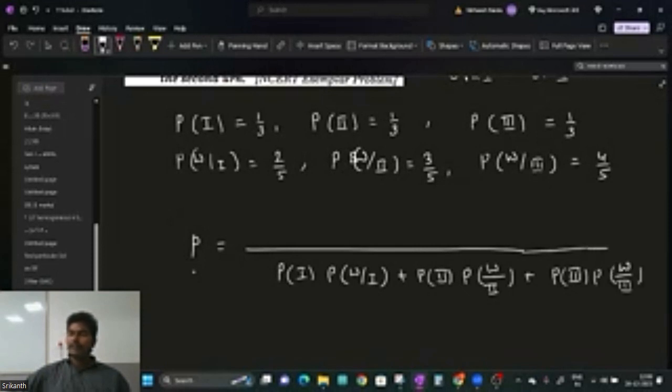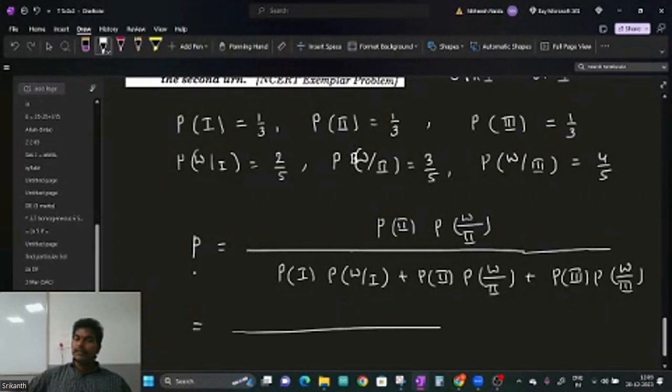What we require is that the second arm is selected and it provides a white ball. That will be in the numerator. That is simple Bayes theorem. What is happening in the entire process is in the denominator. The denominator is sometimes called total probability also.